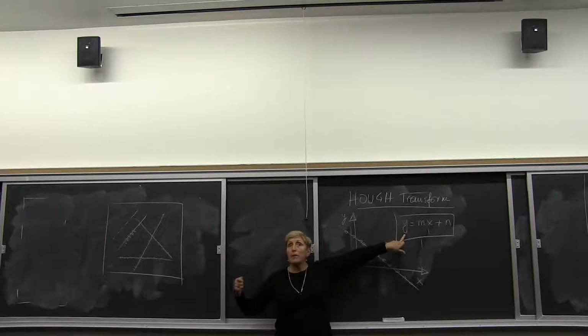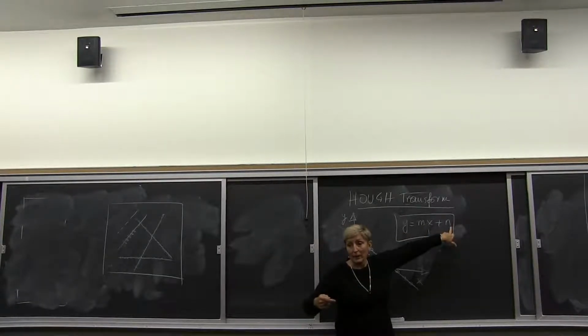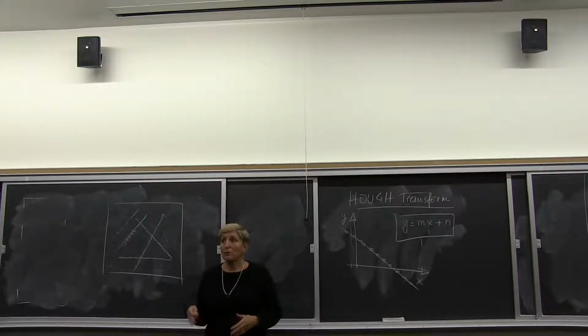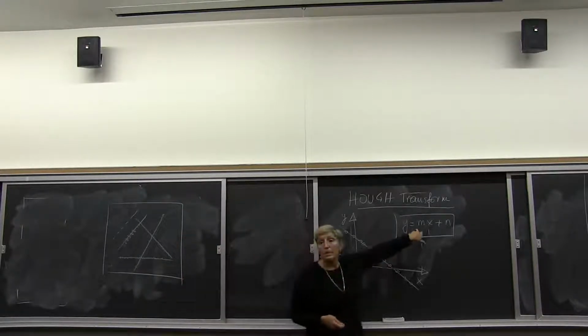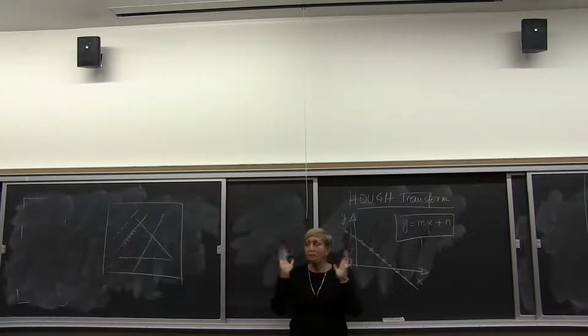All of them agree that I have a slope m and an intercept n. So what we're going to do is count how many pixels in my image say that I have a line with slope m and intercept n. If I have more than, say, 10, I'm going to say I have that line that agrees with this equation.